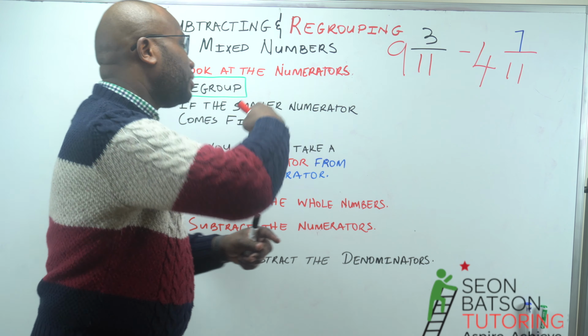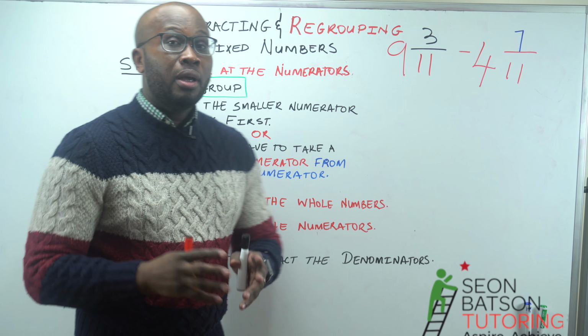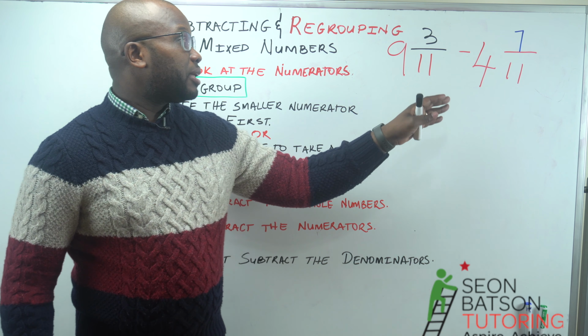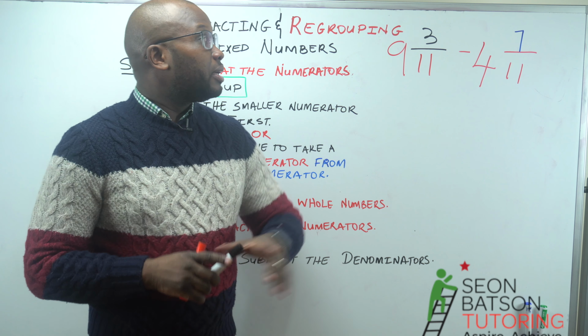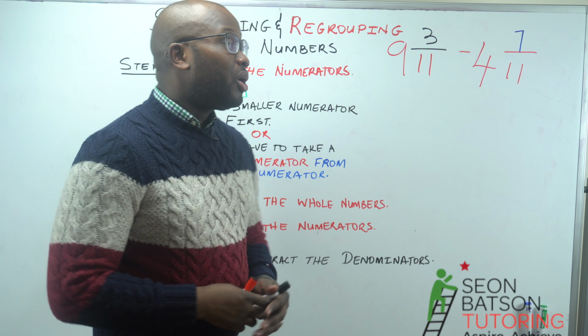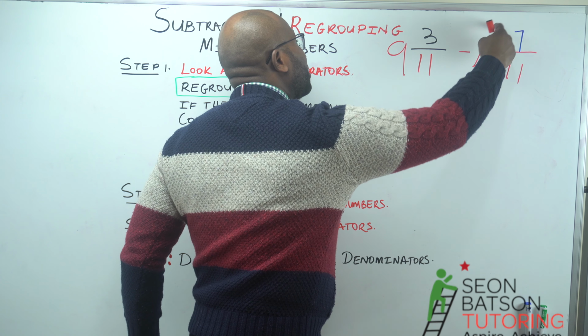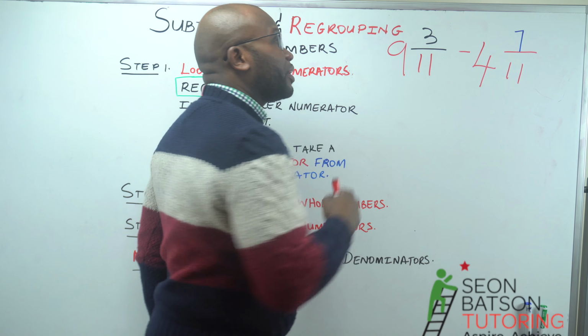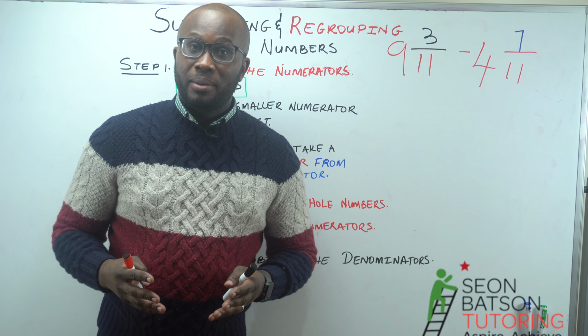Now, to our exercise. Sometimes when we are subtracting mixed numbers, the smaller numerator will come first. Or we might be asked to take a bigger numerator from a smaller numerator. That's the problem. Why?